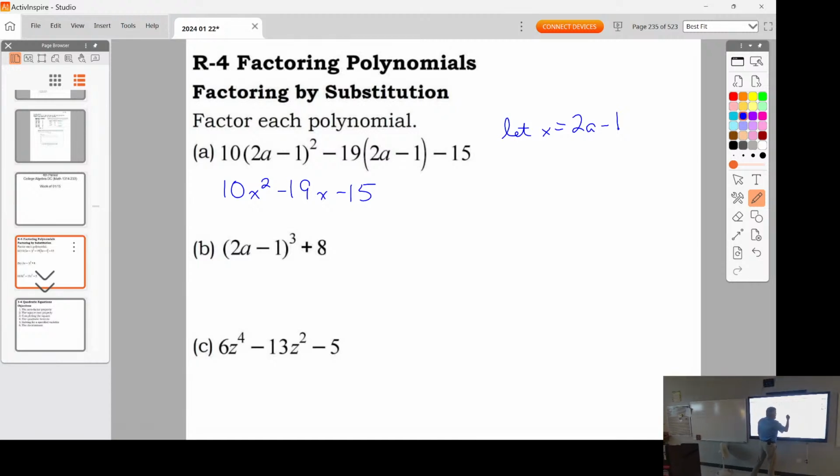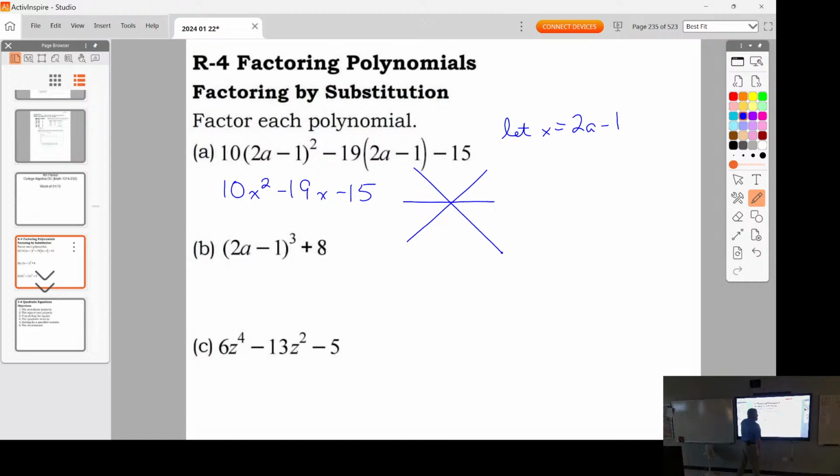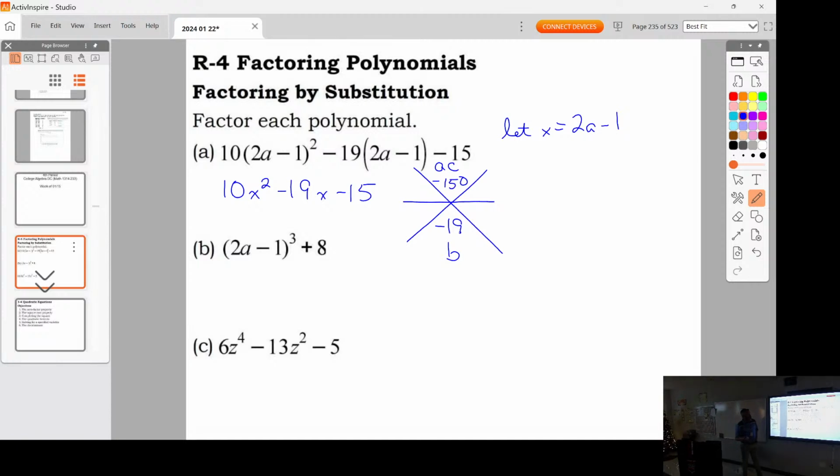All right, so y'all said snowflake it. So here's my snowflake. Top center is AC. A times C is negative 150. Bottom center is B, and B is negative 19. What goes in the top left and top right?